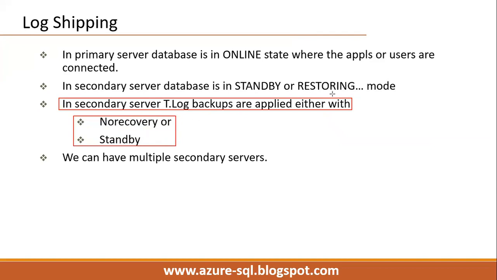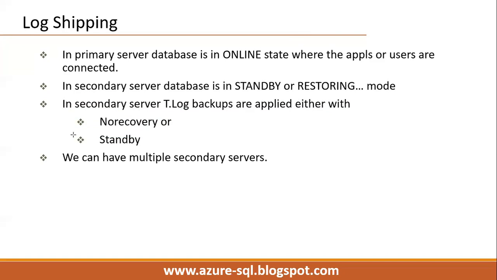If the database is in restoring state, the log backups are applied with no recovery. Once again, remember that by default log shipping is a one-to-many feature. One primary database can have multiple secondary databases.